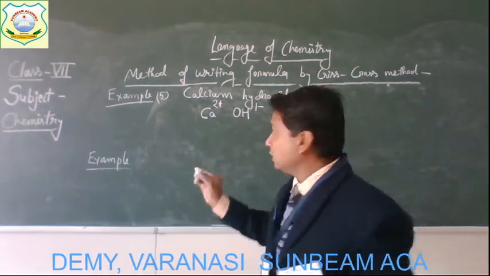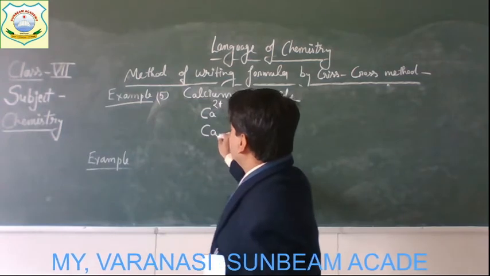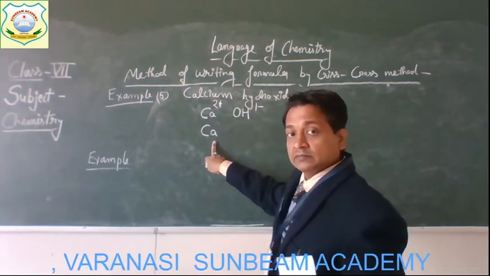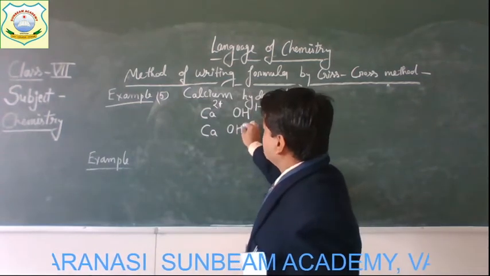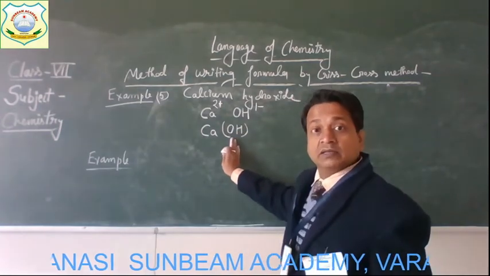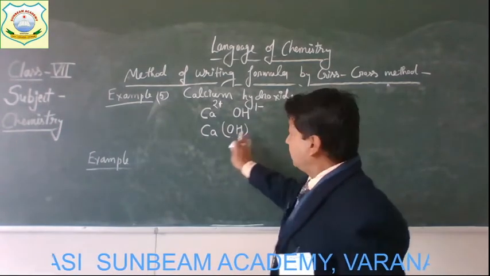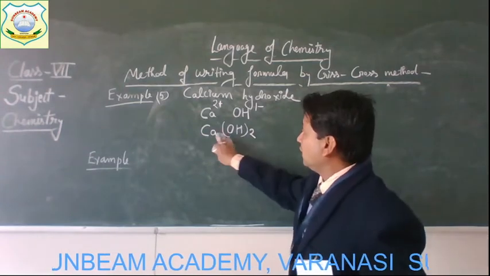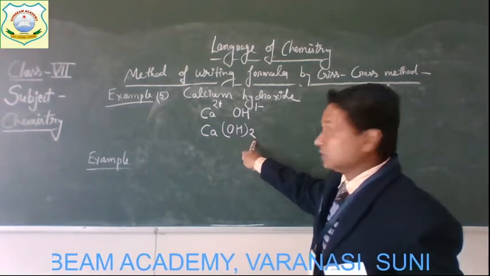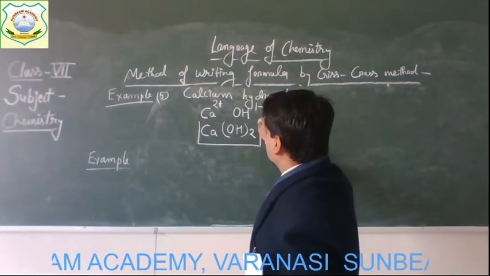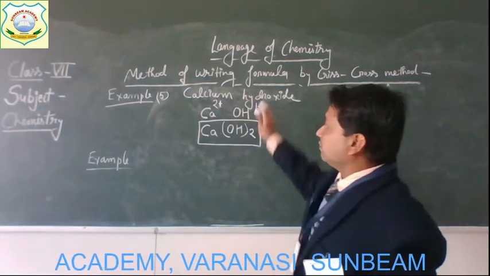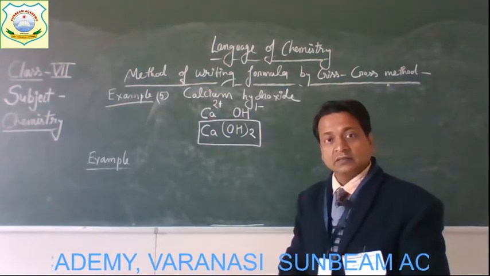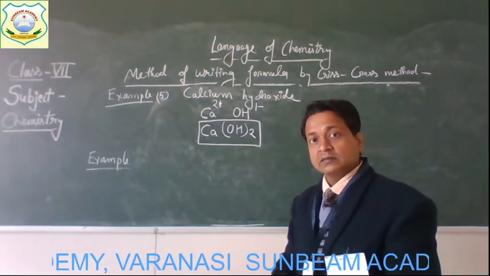Now we will simply cross these valencies and enclose the compound radical, that is hydroxide, within the bracket. So the formula will be Ca(OH) under the bracket and 2. So Ca(OH)2. This is the formula of calcium hydroxide. Got it children?